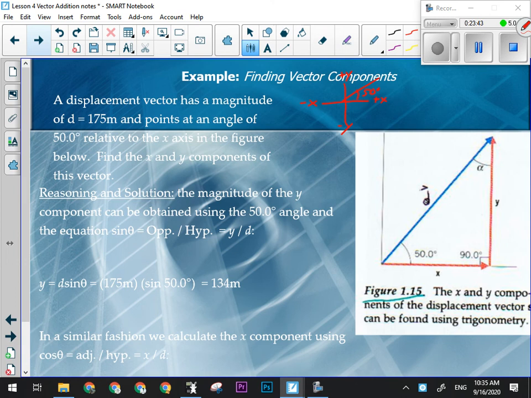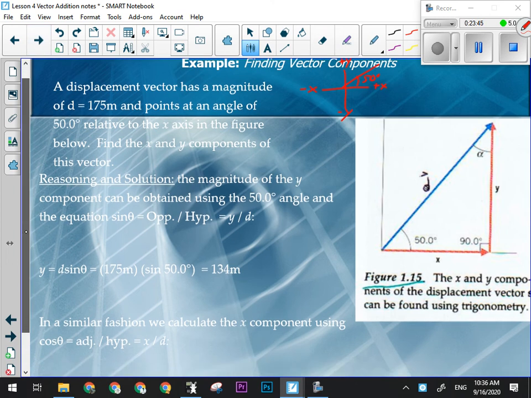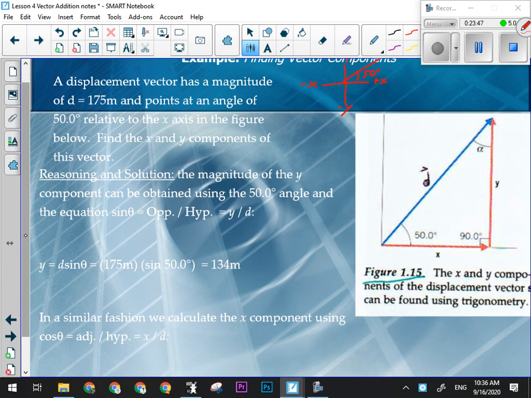All right, I want to find its x and y components. So right now, x, is it adjacent or opposite the 50-degree angle? It's adjacent, it's touching it. So what trig function am I going to use for x? I have the hypotenuse, this is 175, and I have that angle, 50 degrees.